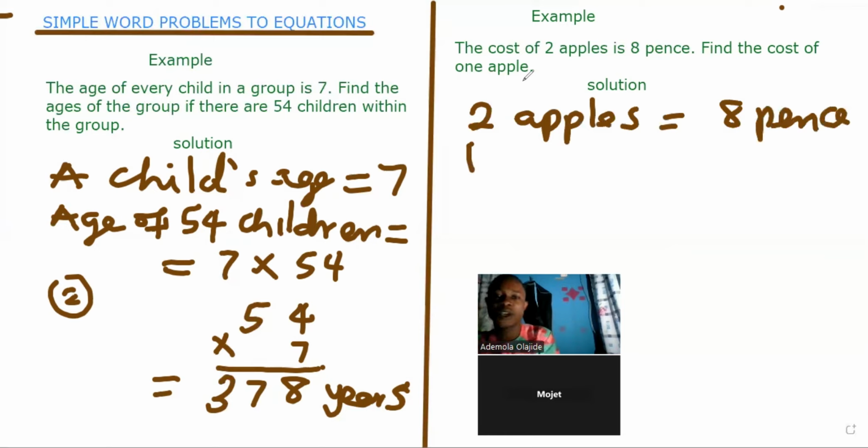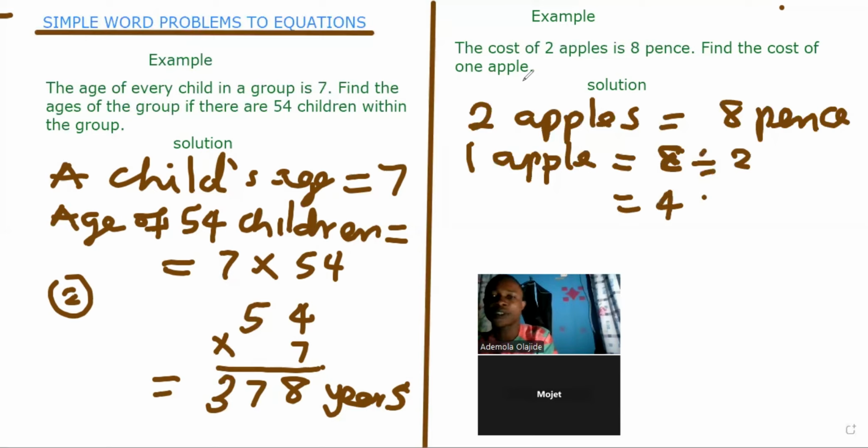Then 1 apple equals, it now means 8 divided by 2. And that will give us 4 pence. Is it clear? Yes. Okay.